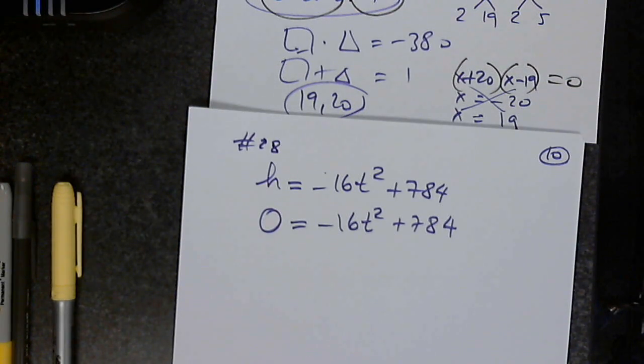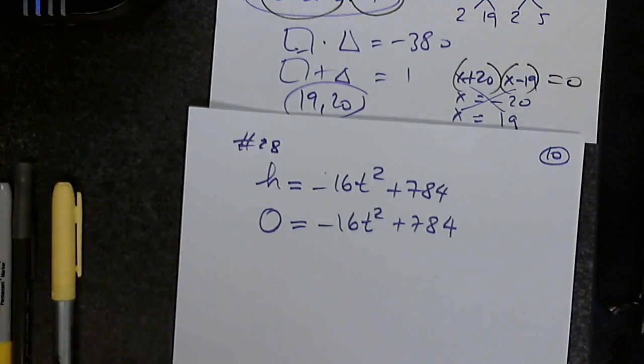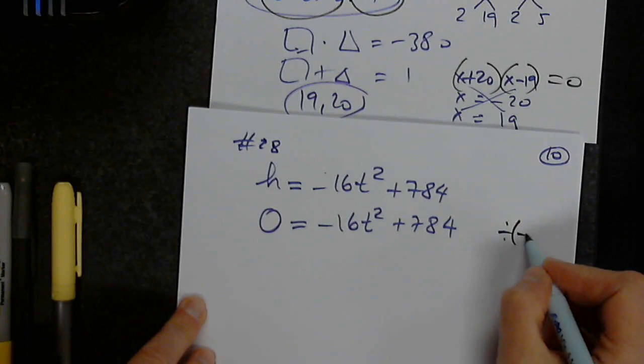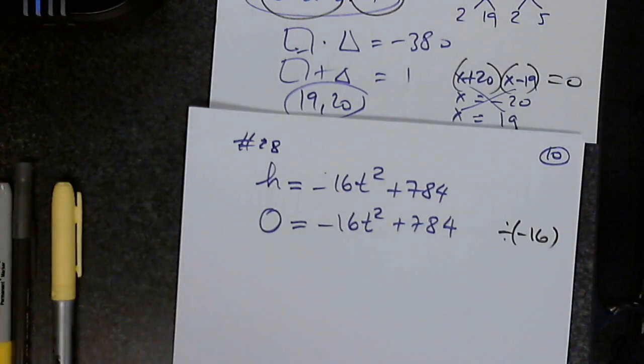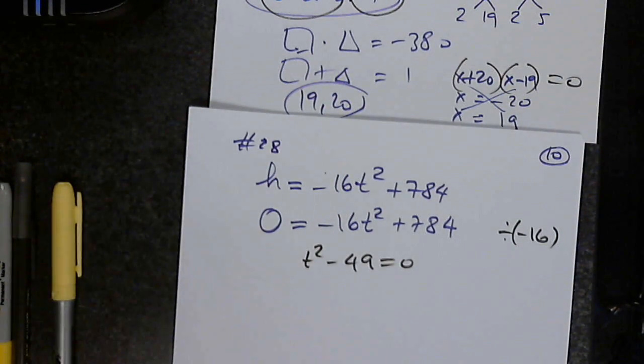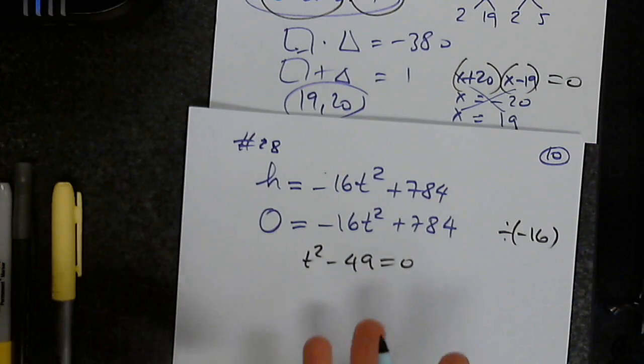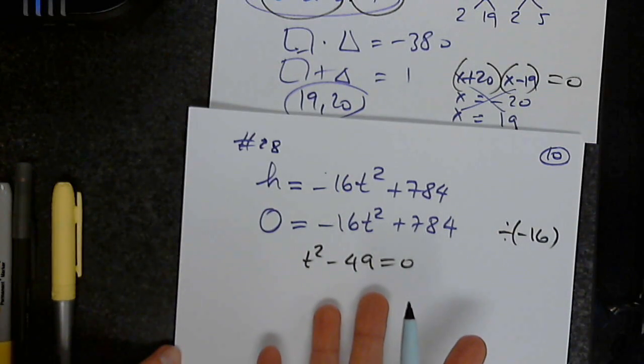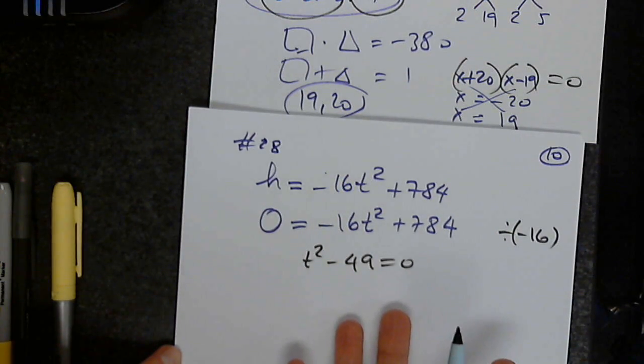Divide both sides by the negatives. Excellent. See how important this is to make your life easier always, and especially, so divide both sides by negative 16. And what do you get? Minus 49. Very good. Equals 0 divided by negative 16, which is still 0, which is a piece of cake, right? So what do I do with t squared minus 49?